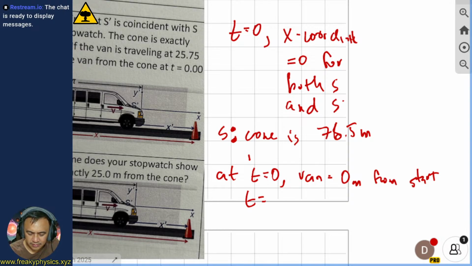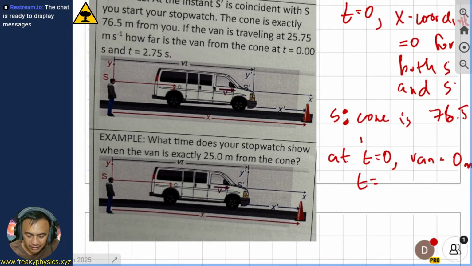The van is moving, the observer is not. It says that at the instant S prime is coincident with S, you start the stopwatch. So when they're right at the same point, that's t equals 0.